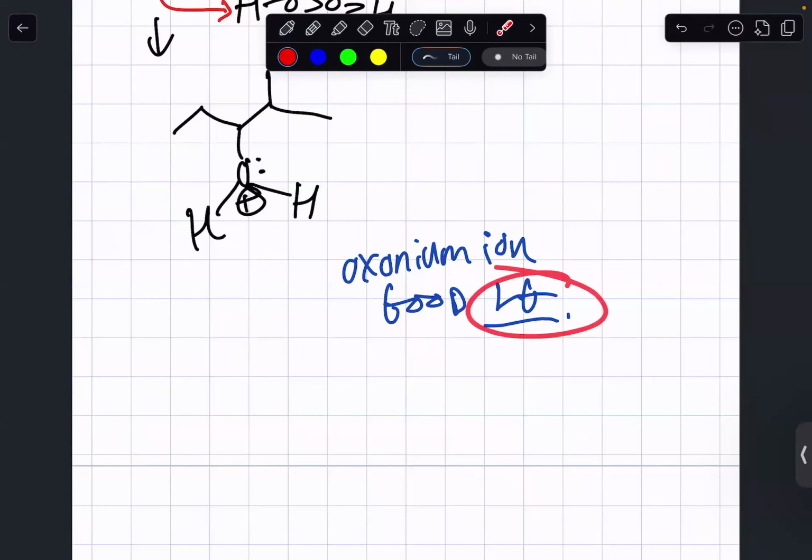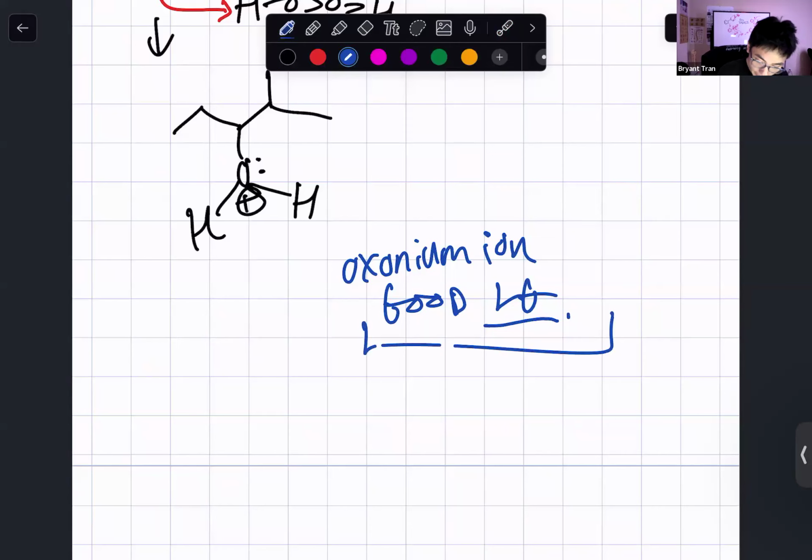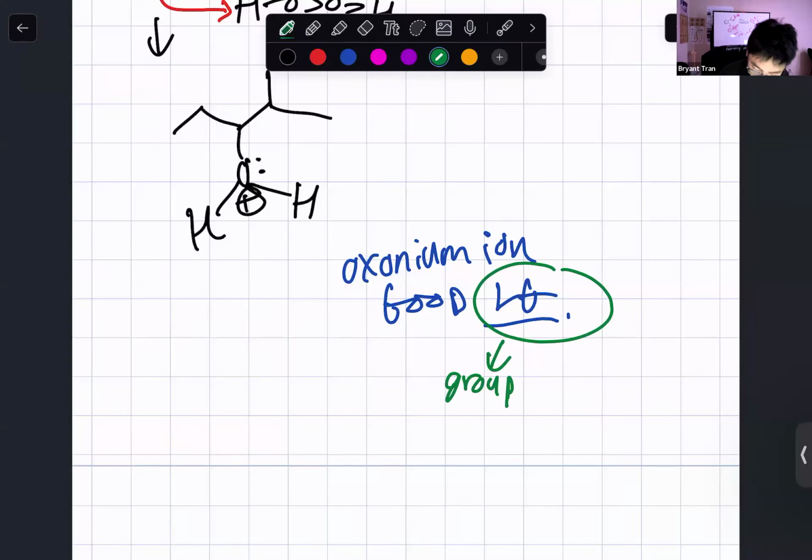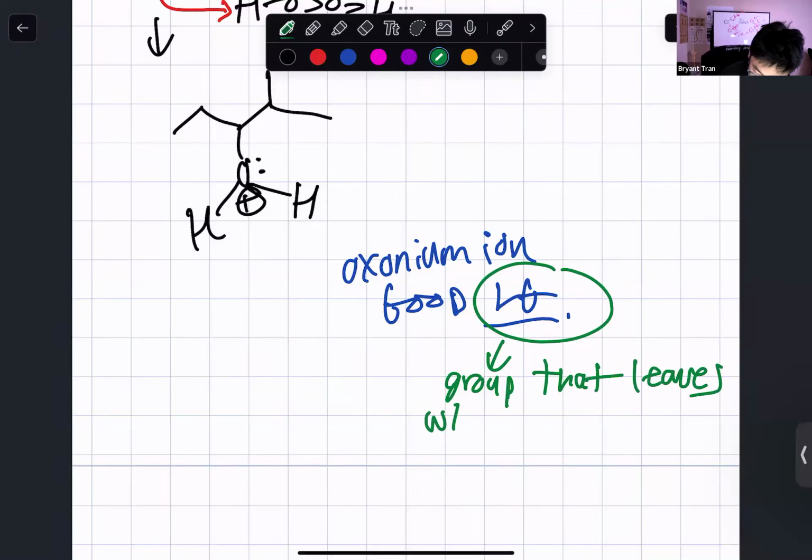So a good leaving group, you could think of it as a group that leaves with a negative charge. Not a negative charge, but a group that leaves with a pair of electrons. That's the more accurate thing to say, a pair of electrons, because not all leaving groups will leave with a negative charge.